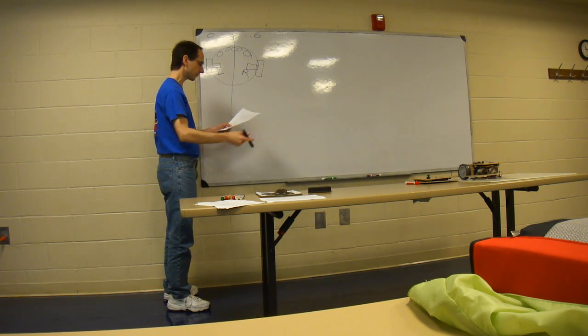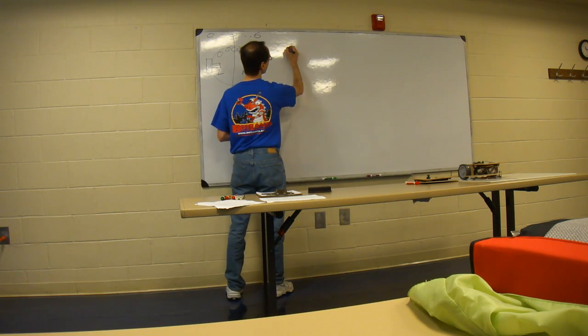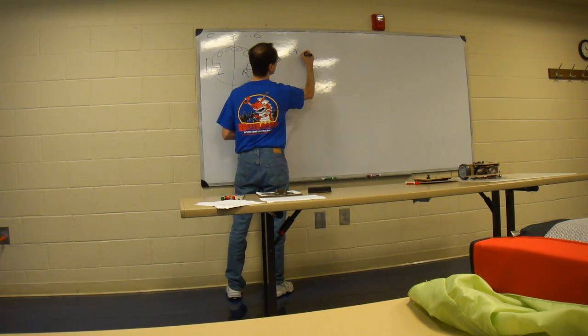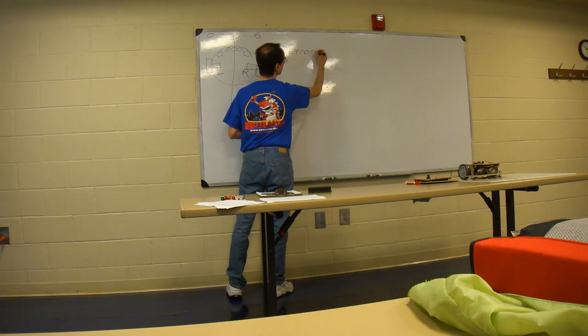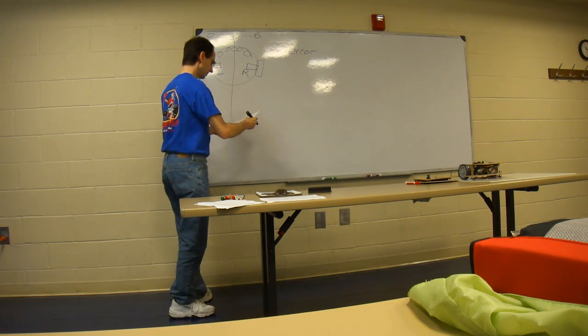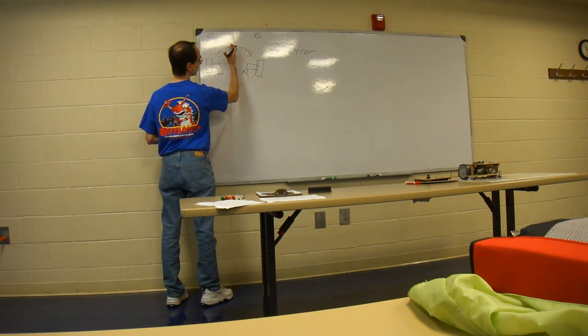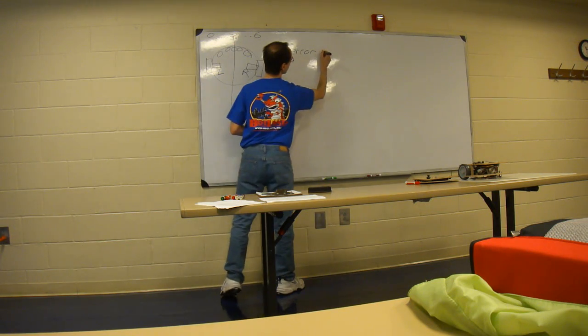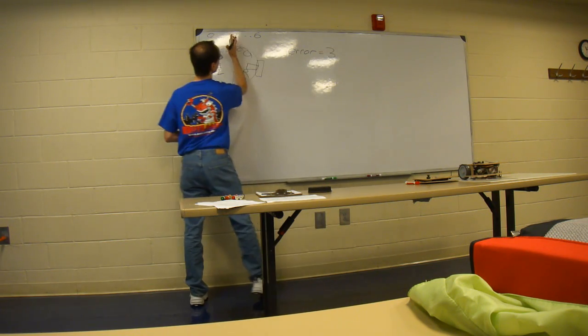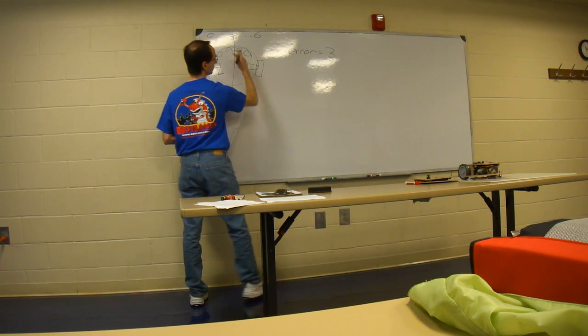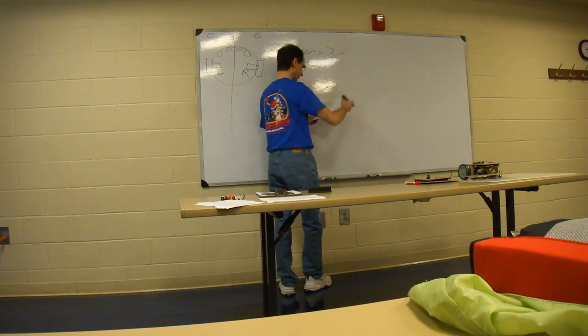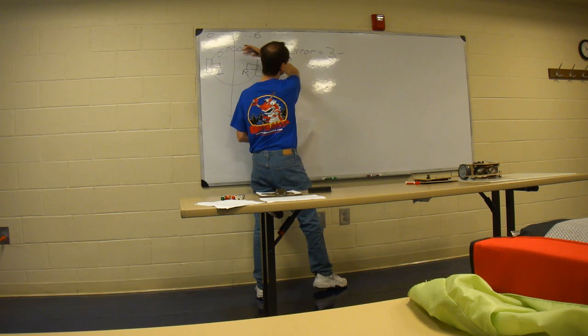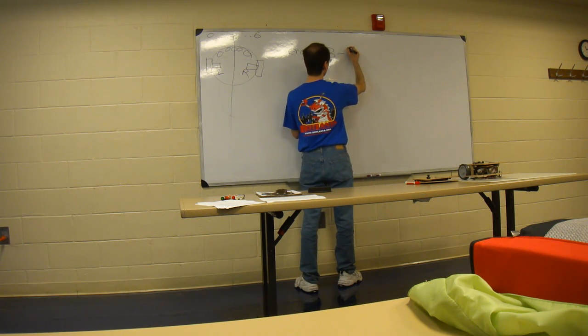So our error is going to be our goal, which is 3. We want to be right in the middle, minus the reading we take from the line sensor.